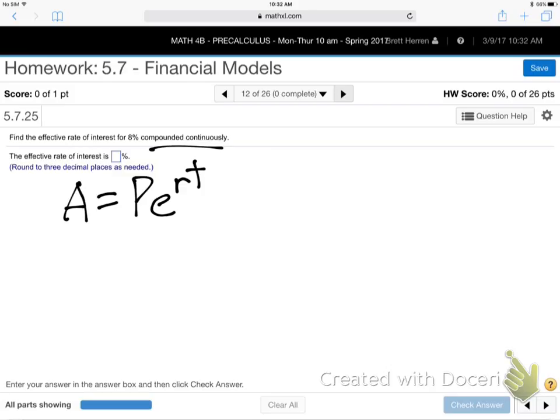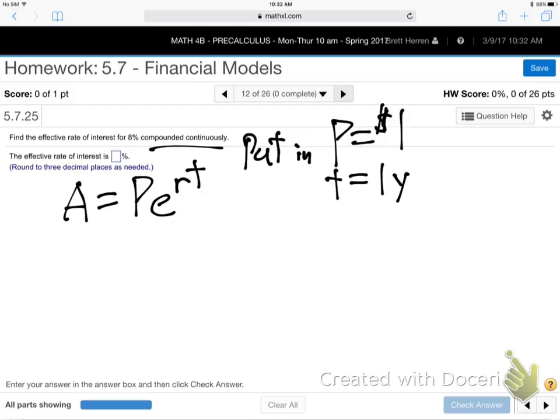So put in $1: P equals $1, t equals 1 year, and the rate is 0.08, for 1 year.